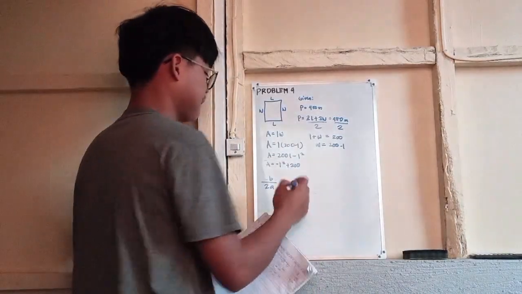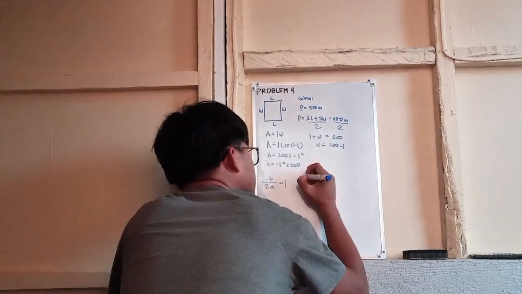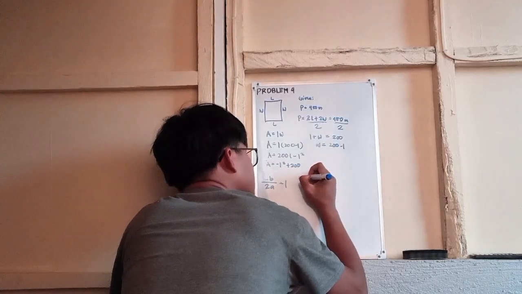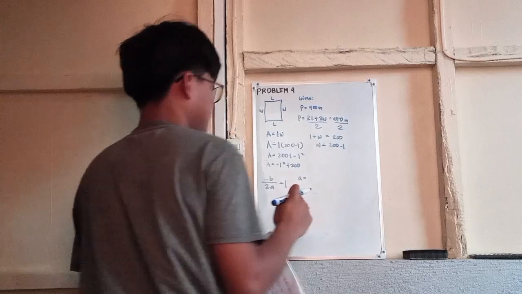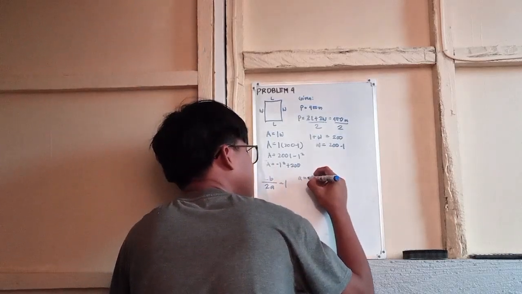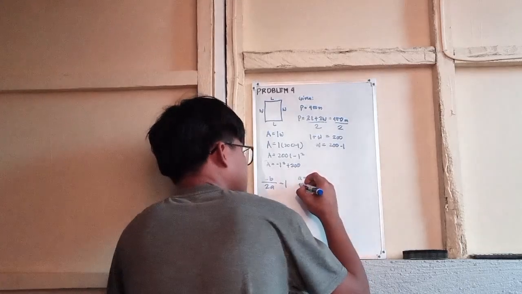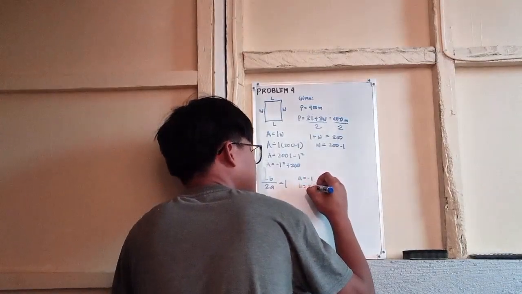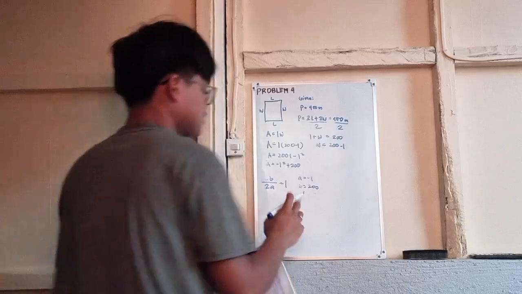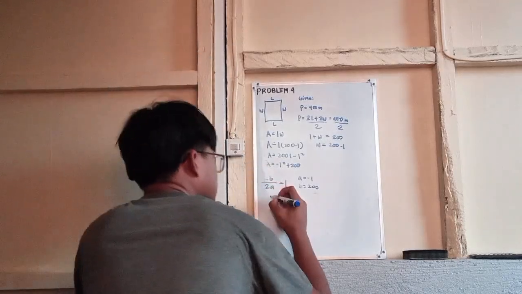So here, our A in the formula of area is equal to negative 1 and our B is equal to positive 200. So substitute the A and B into the formula of the vertex.